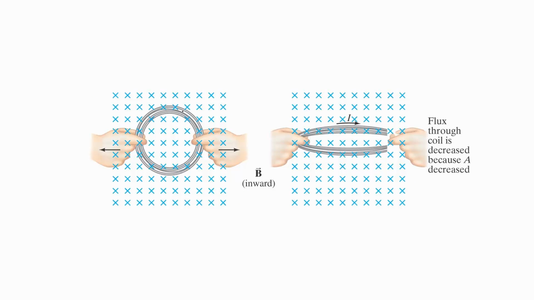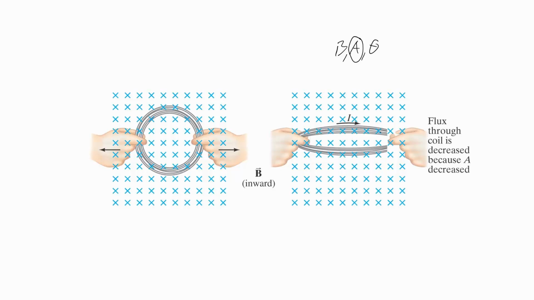In this case, if we have a coil in a magnetic field, it's perpendicular to the magnetic field. We don't change the orientation at all, so the only one of those three flux quantities, B, A, and theta, that is changing is the area, if we yank on the ends of our coil here. So the area is decreasing and the flux is into the loop. So if it's decreasing into the loop, we want to sustain that flux, oppose the change, try to keep it from decreasing.